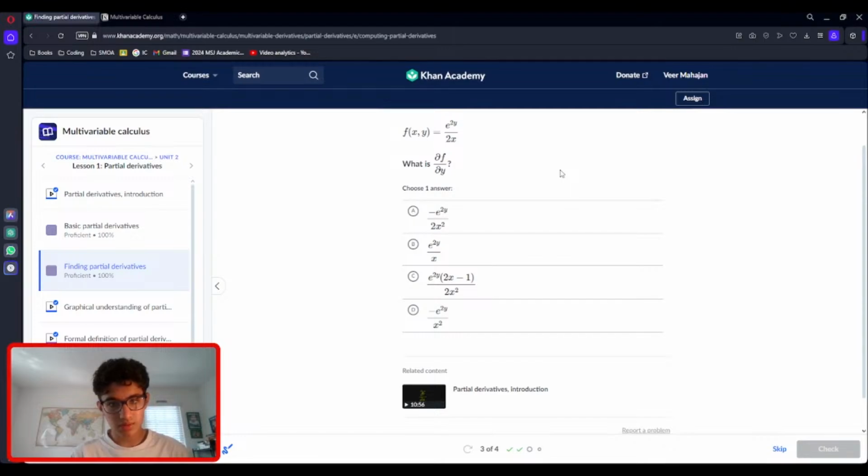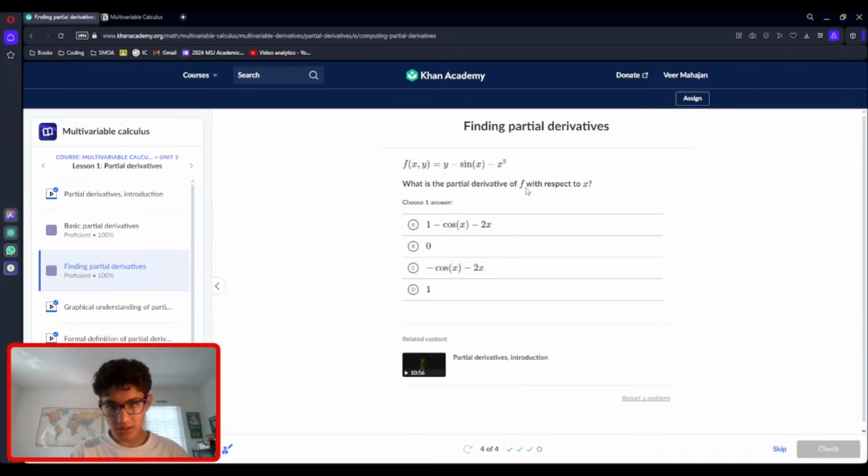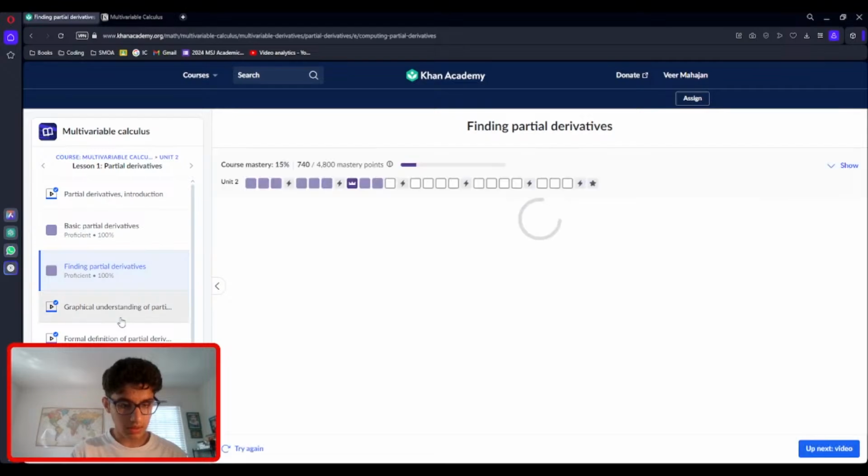The denominator will stay the same. The numerator becomes 2e times 2 to the y, so the 2's cancel out, e to the 2y over x. Here it's with respect to x, so this is a constant, minus 2x, it becomes negative cosine x minus 2x. Okay, done.